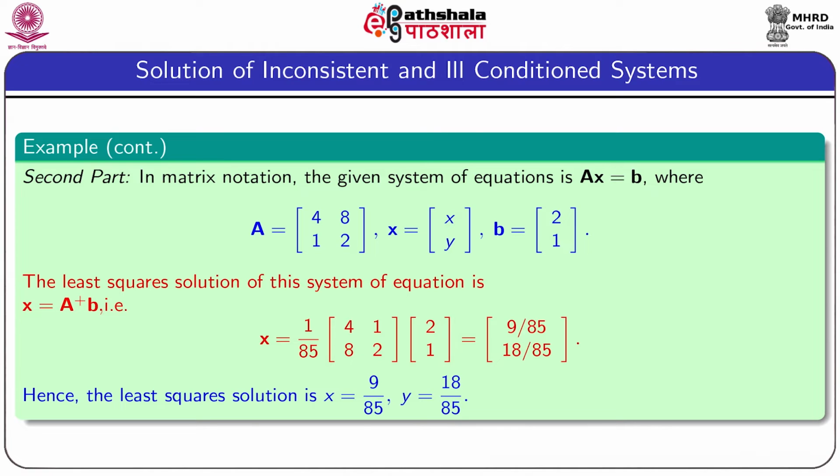After simplification it becomes a column vector whose first element is 9 by 85, second element is 18 by 85. Therefore, the solution is x equal to 9 by 85, y equal to 18 by 85. This is called the least square solution because the given system of equations is inconsistent.